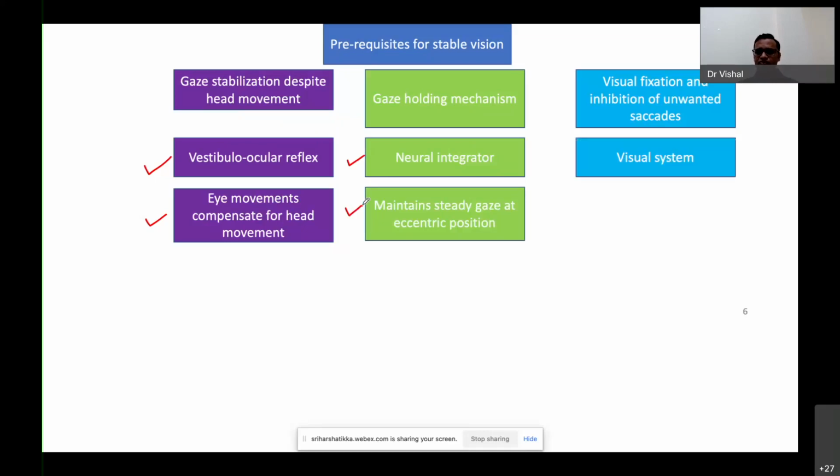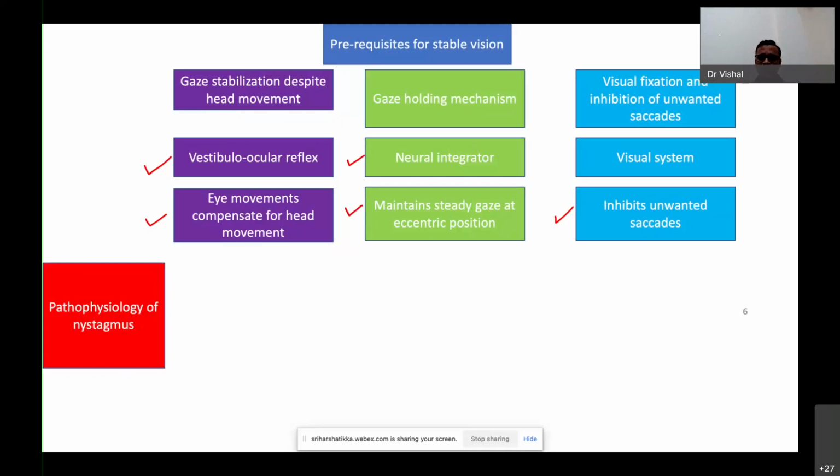In the visual system, we need to inhibit unwanted saccades and focus on the particular target. Even if certain things are happening in the peripheral visual field, we need to fixate on the fovea. Many times we need that attention, so that's how we inhibit the unwanted saccades.